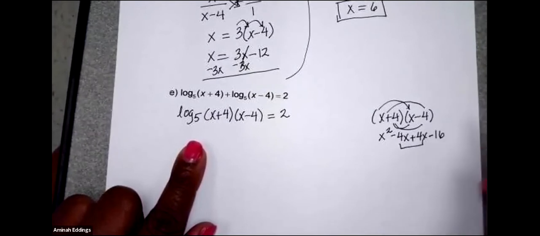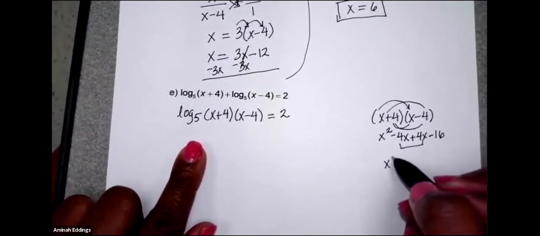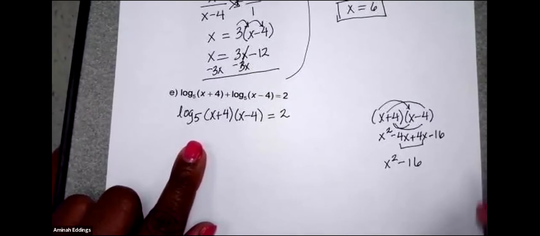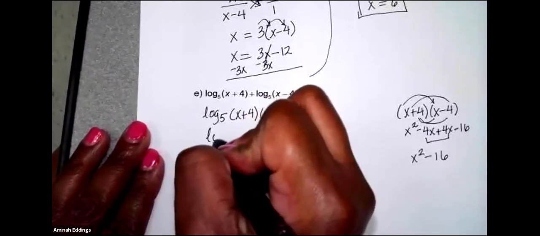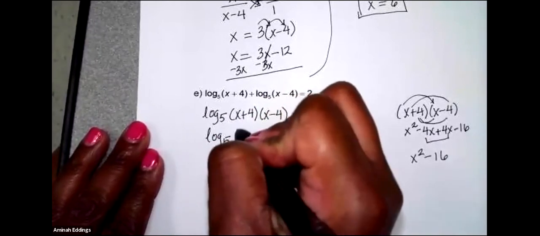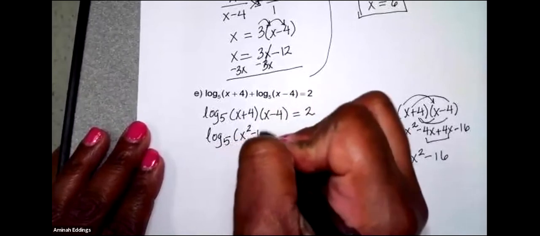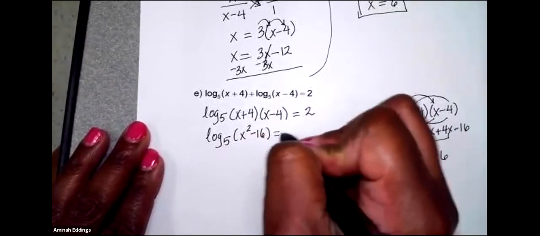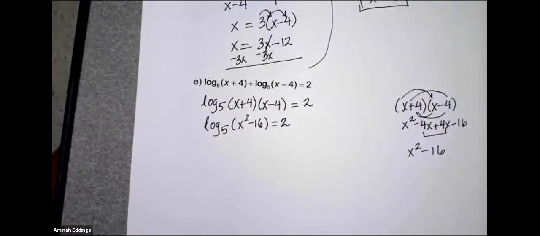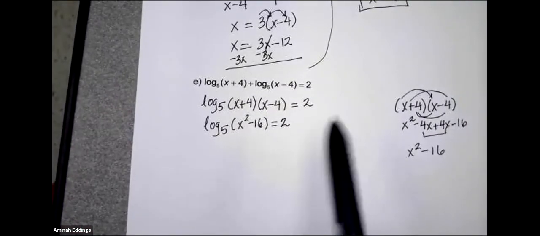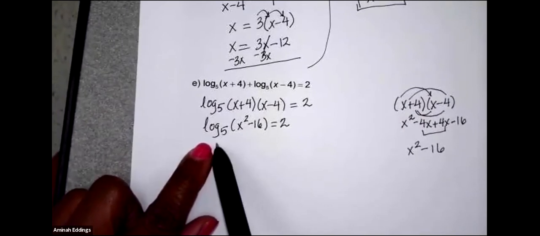So my middle terms cancel, and I have x squared minus 16. So this becomes log base 5 of x squared minus 16 equals 2. Okay. So I now have one log.